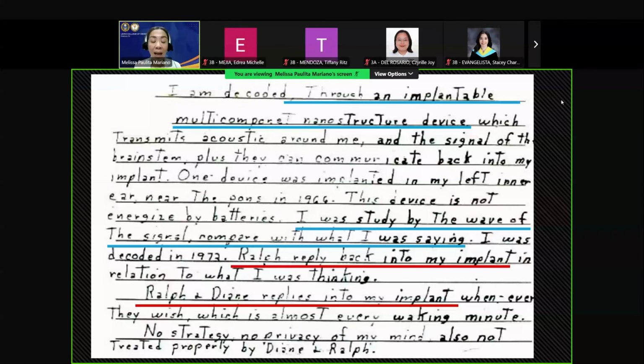So it provides the delusion of persecution, and provides an explanation for this person to be able to reason why he's hearing voices. And these voices are also persecutory in nature. The person is not treated properly by Diane and Ralph, and he doesn't get any peace of mind. So delusions and hallucinations can certainly interact together in psychosis.